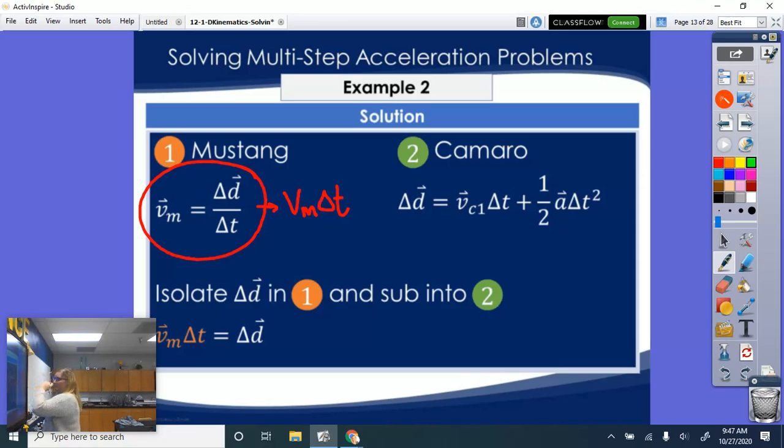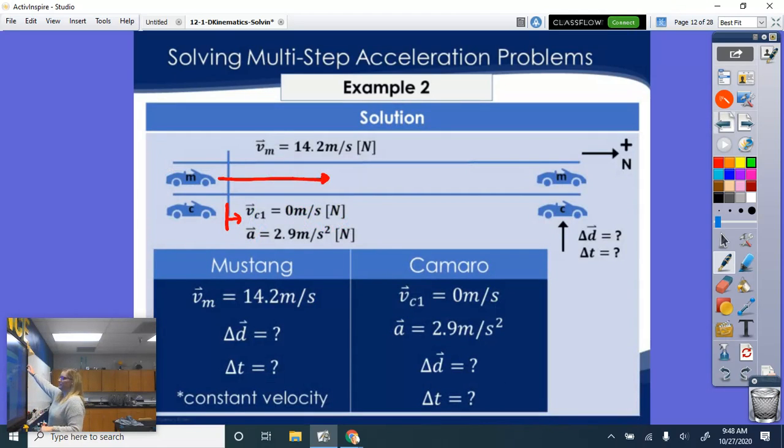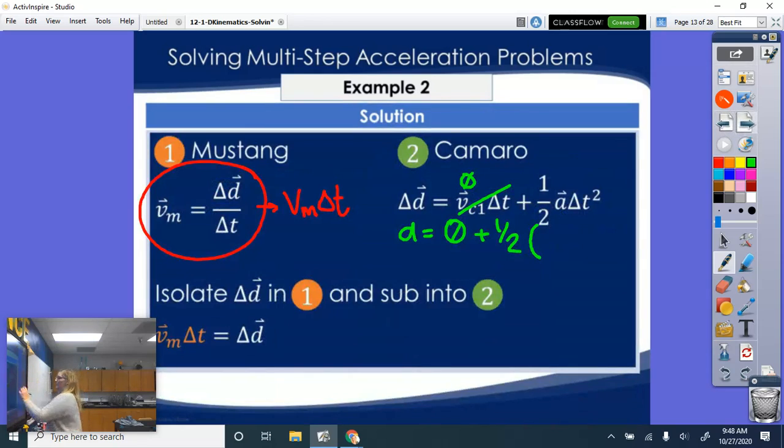So my displacement is still what I'm solving for. And my starting velocity was 0. So I can actually get rid of that whole first piece. So I have plus 1/2. The acceleration on my Camaro was 2.9. And then my time was 9.79 squared.